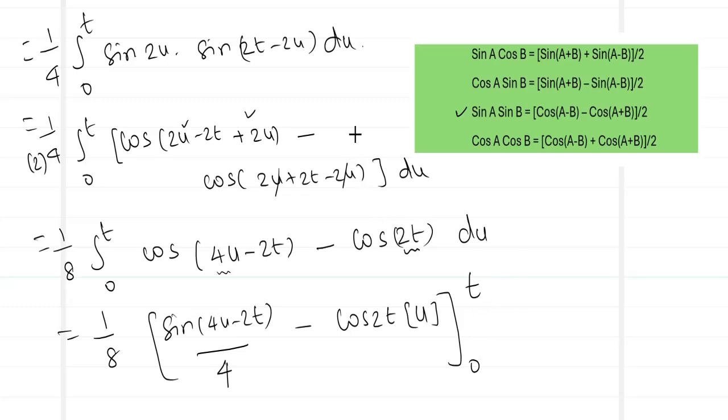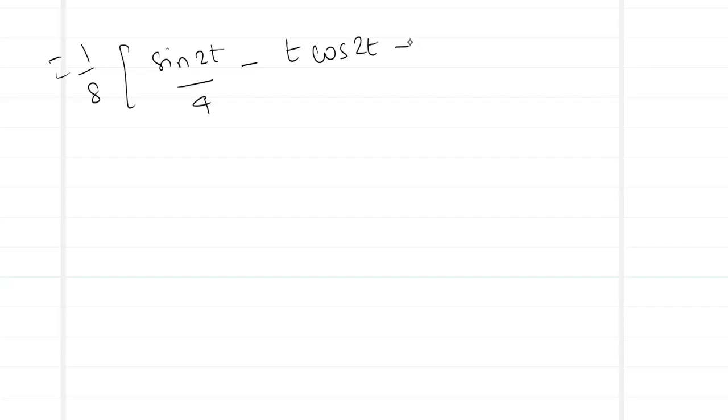So what we will be having is 1 by 8, sine 2t by 4. The second term will be t cos 2t. The third term will be sine 2t divided by 4.